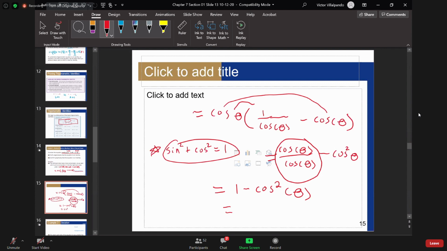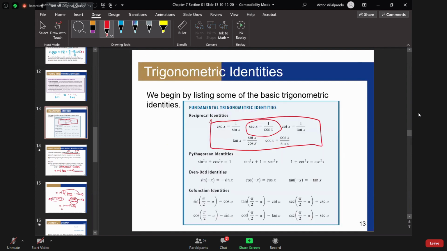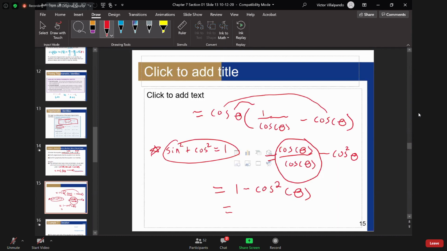All right. So remember Pythagoras' identity. We can go back to slide 13. Pythagoras' identity is right here: sine squared plus cosine squared is equal to 1. So what we have to do is just a little manipulation of the Pythagorean identity. We want to write this in terms of sine squared.